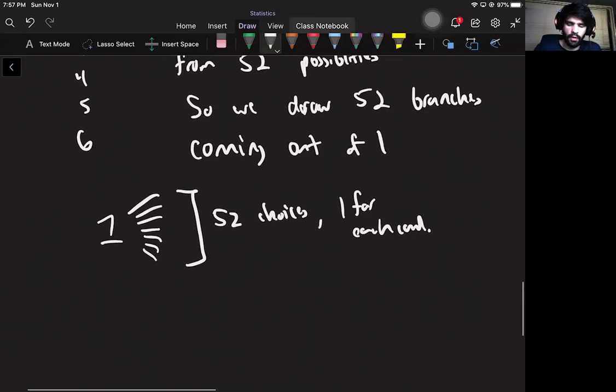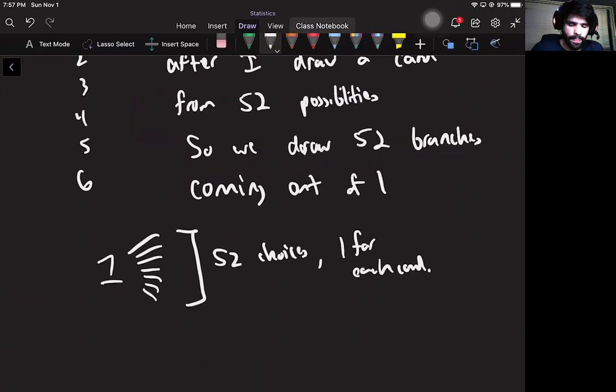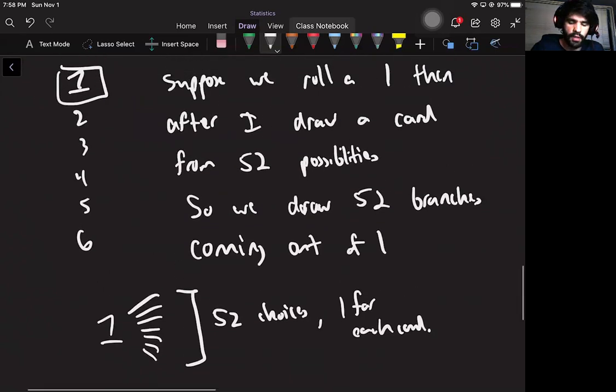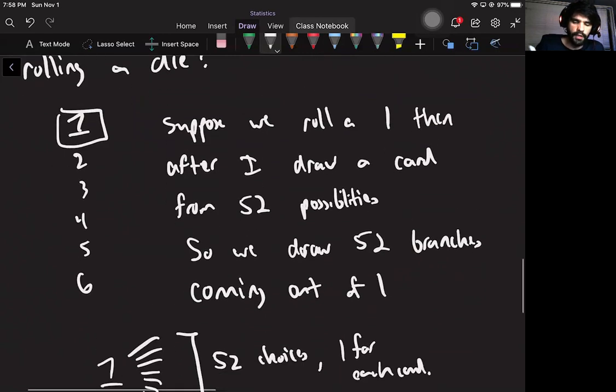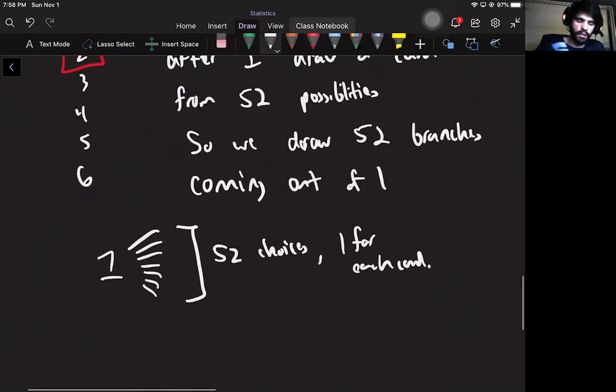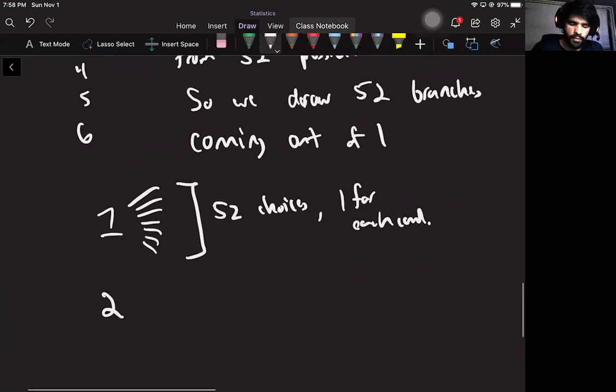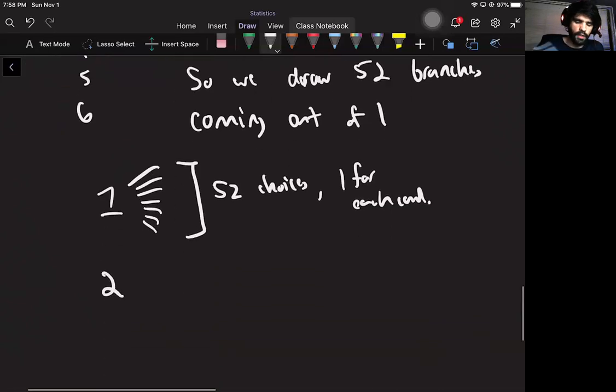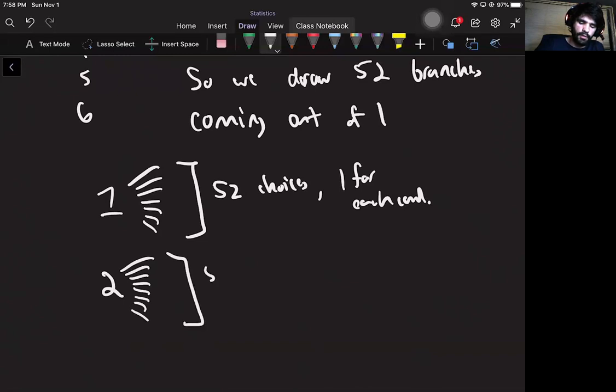So what this represents is all the possibilities that could happen if I happen to roll a 1 first and then I draw a card. But I could also have rolled a 2 first. So I'll draw another bigger branch with lots of branches coming out of it for a 2. Because what could happen is I could roll a 2 first, and then I could have 52 more choices. Well, 52 of the same choices as before, 1 for each card.